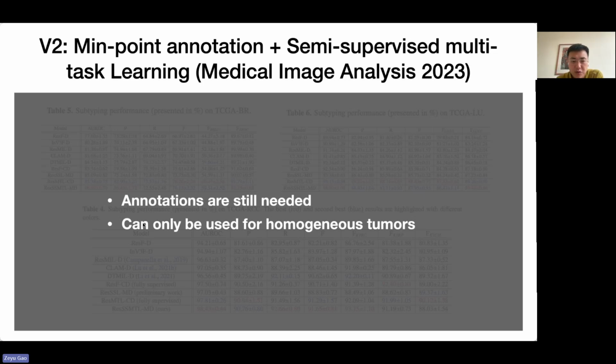So the next thing we want to solve is to get rid of all annotations. We will embrace multiple instance learning, and also we want to do multi-class or multi-label classification, where each case might have several different subtypes or histotypes.